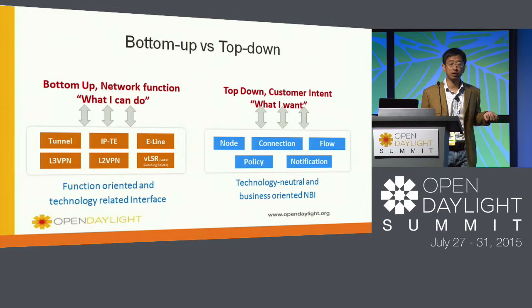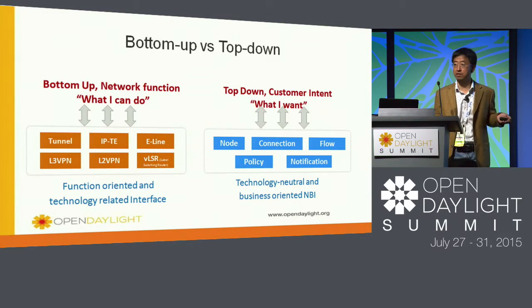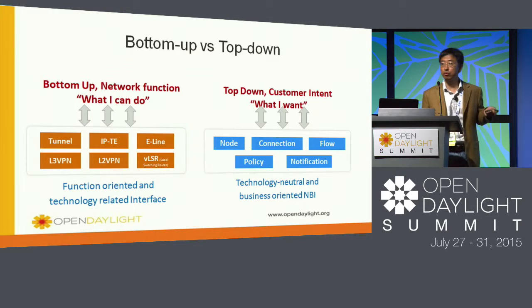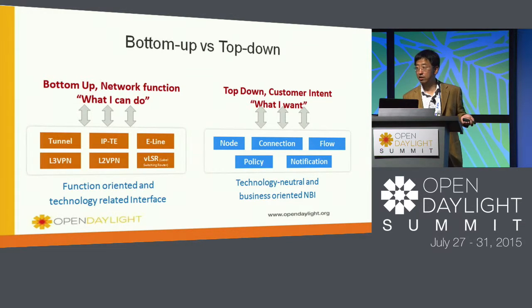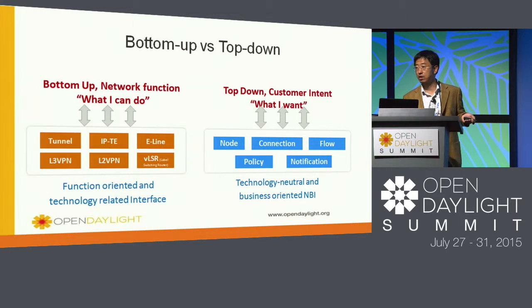For the behavior requirement, the customer wants to control the service flow, the path it follows. If the traffic accesses the internet, it needs to go through the firewall. How to encapsulate the packet and how to forward the packet, the customer doesn't care.